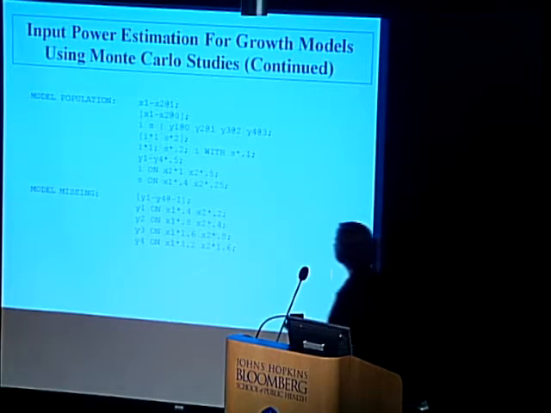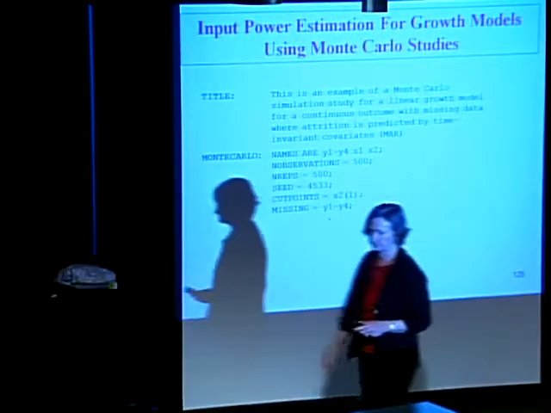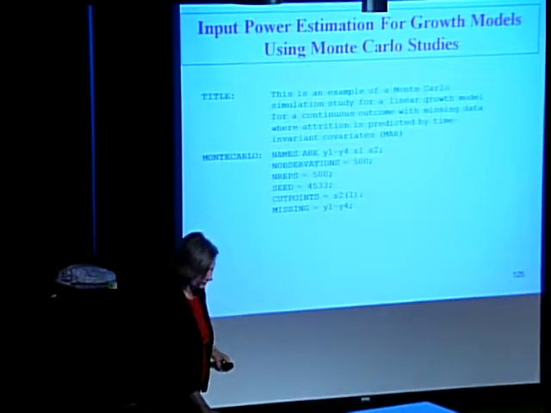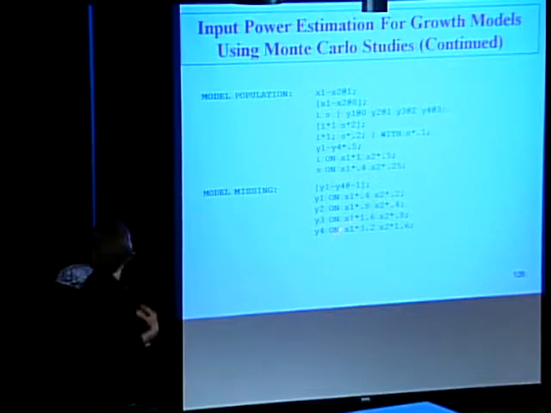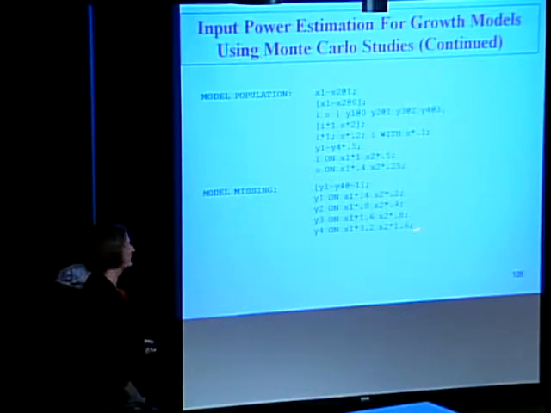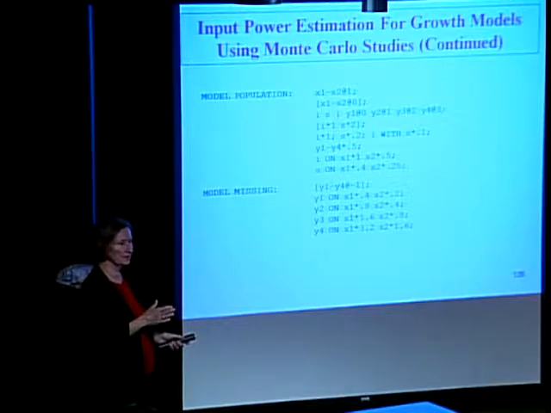So for model missing, this describes the missing data, or how the missing data looks. In model missing, each Y is a variable that is 1 for missing and 0 for not missing.